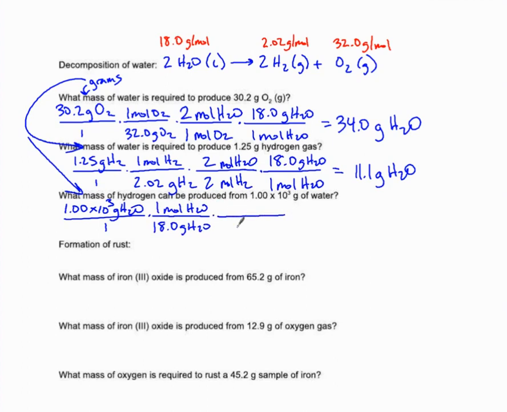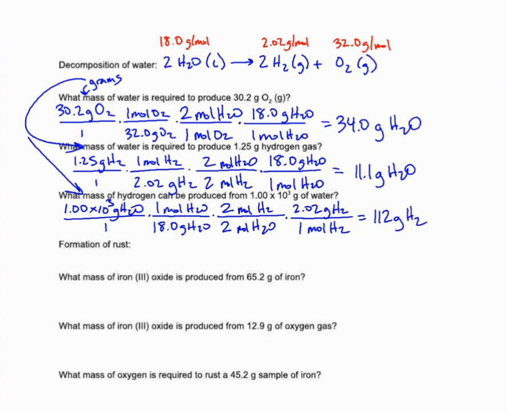Then the mole ratio, and we are comparing moles of water with moles of hydrogen. Both have coefficients of 2. And then the molar mass of hydrogen will convert us to grams. And this will give us grams of hydrogen. When we put it in the calculator, we're going to find that it requires 112 grams of hydrogen.